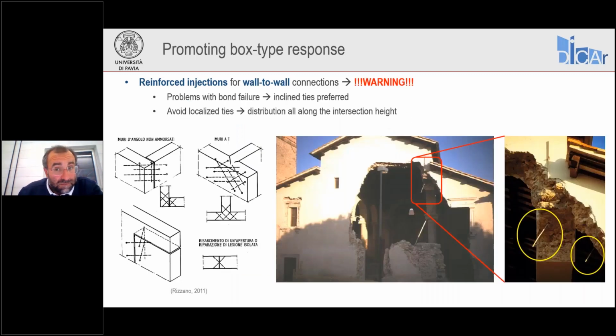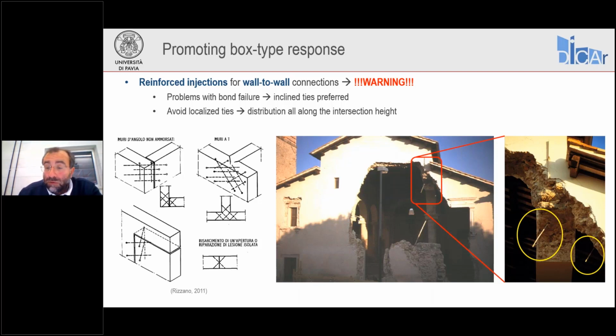However, we need to be careful on how we implement this kind of intervention. First of all, we may have problems with bond between the reinforcement, usually rebars, within the injection. So it may be preferable to use inclined ties, inclined bars, to avoid problems related to debonding and then to ineffectiveness of the intervention.